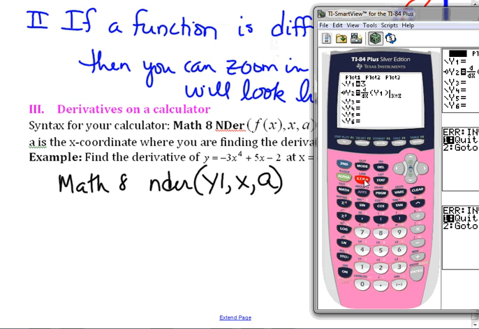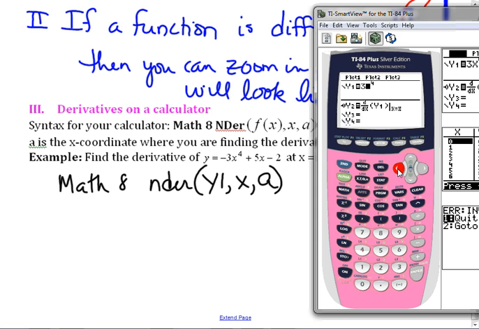If it's negative. There we go. I'm going to do this problem right here. Review this. And it's plus 5x.